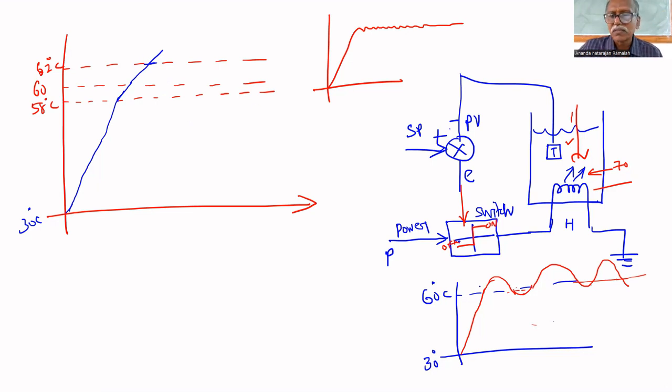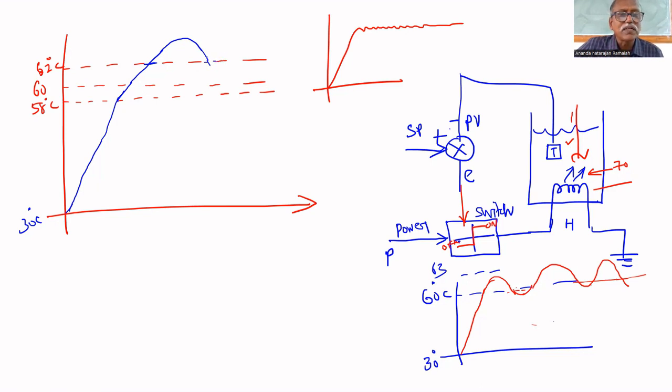So here it goes up to 63, let us assume, and then up to 66, because we turned on at 60, but we turned off only at 62. That's why there will be a further increase in temperature. Deviation will be large.